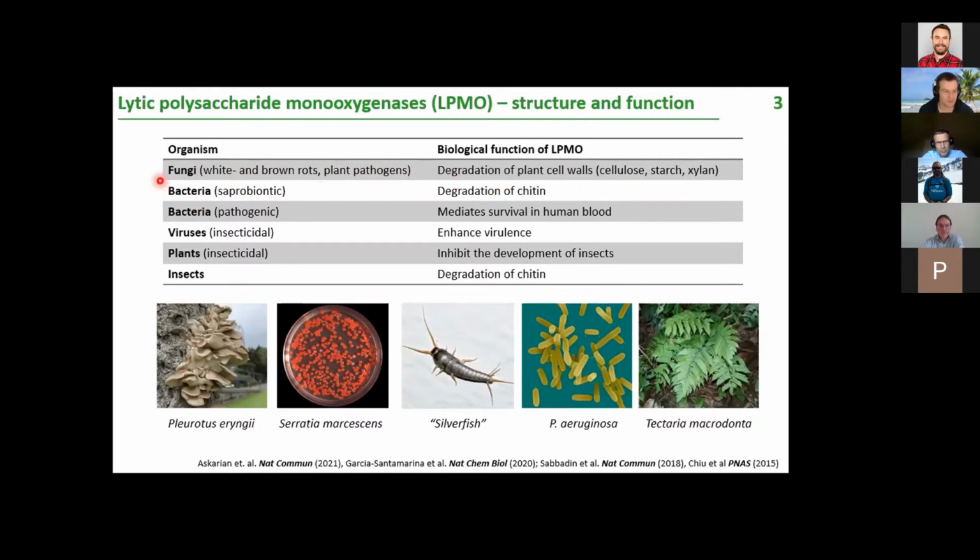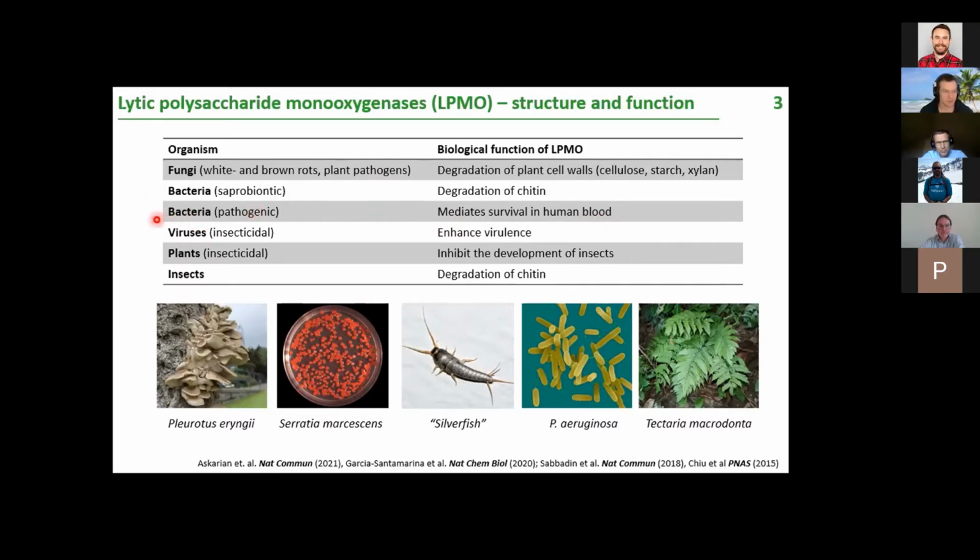However, as of recently, we also find them in less innocent bacteria that are pathogenic to humans. In a recent publication, it's very exciting that the LPMO apparently mediates the survival of this bacterium in human blood. And I think this will be a very exciting research area in the future.